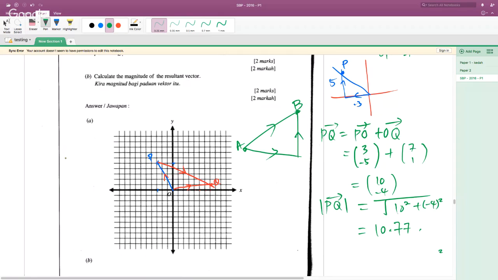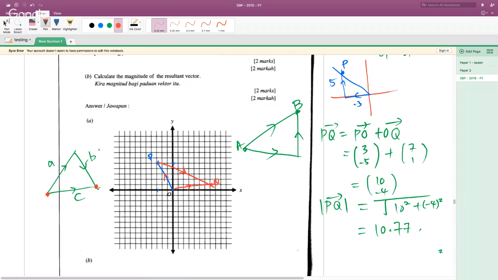If let's say I have a triangle like this. This is 1, this is 2, this is 3. So A, B, and C. In this case, you want to know which one is the resultant vector. The resultant vector is what the other 2 vectors give when added together. You can see this one is the shorter distance, from the starting to the ending.